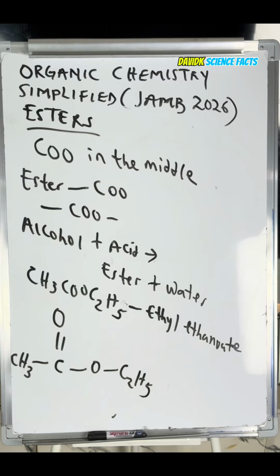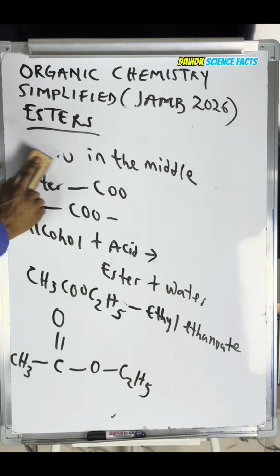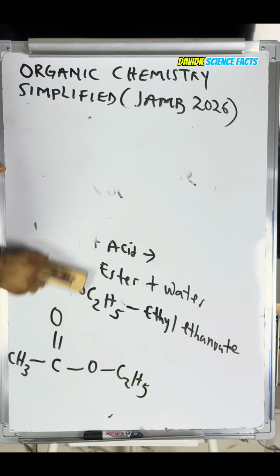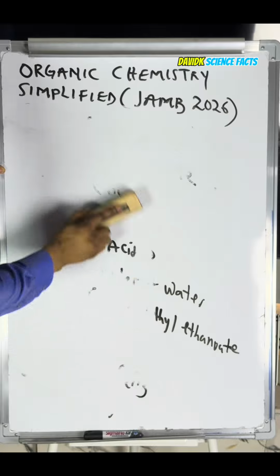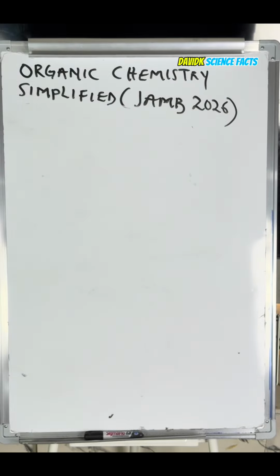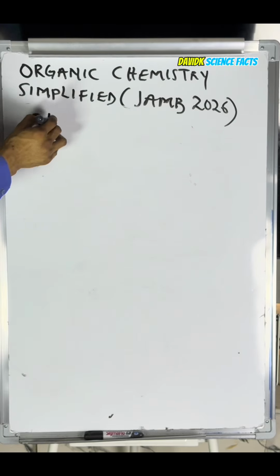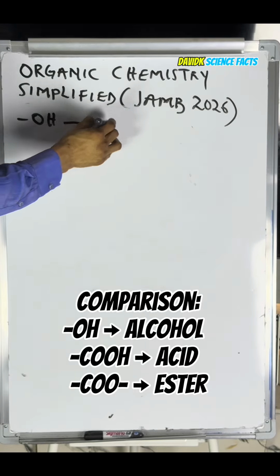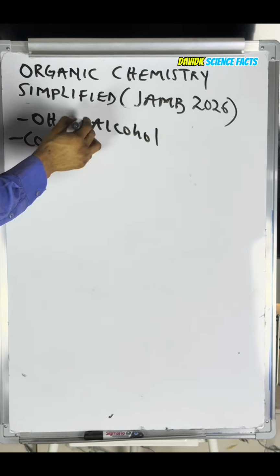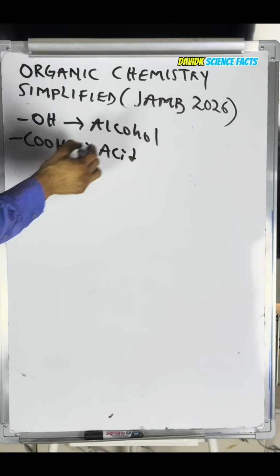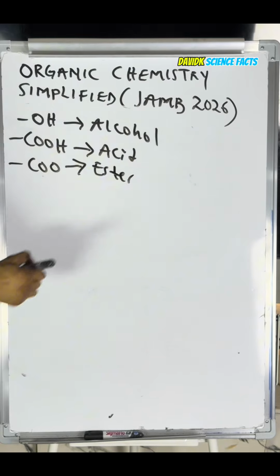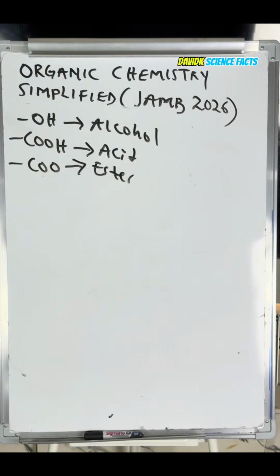Now let's take a look at a comparison between alcohol, acid, and ester. For OH, you know it's alcohol. For COOH, you know it is acid. For COO, you know it is ester. Now let's take a quick question.